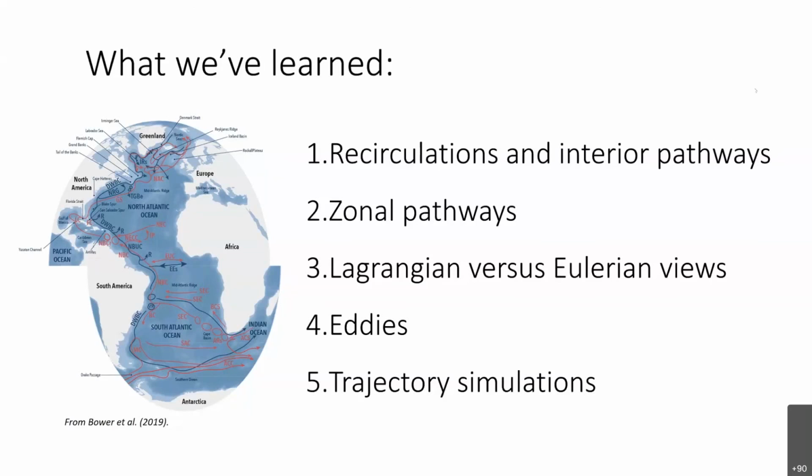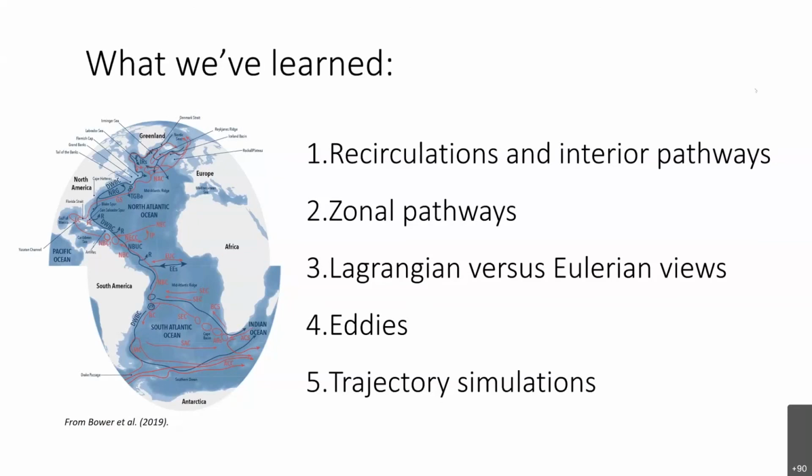I see a couple of comments in the chat box or questions. One from, is it Aishu Hu? Says, very nice talk. By the end, do you think the MOC does or doesn't look like a conveyor belt? Does not. Not at all.